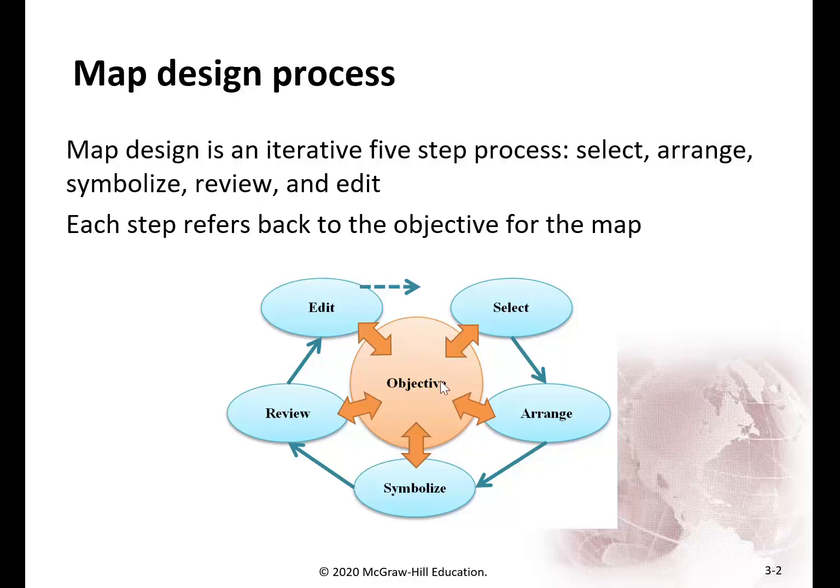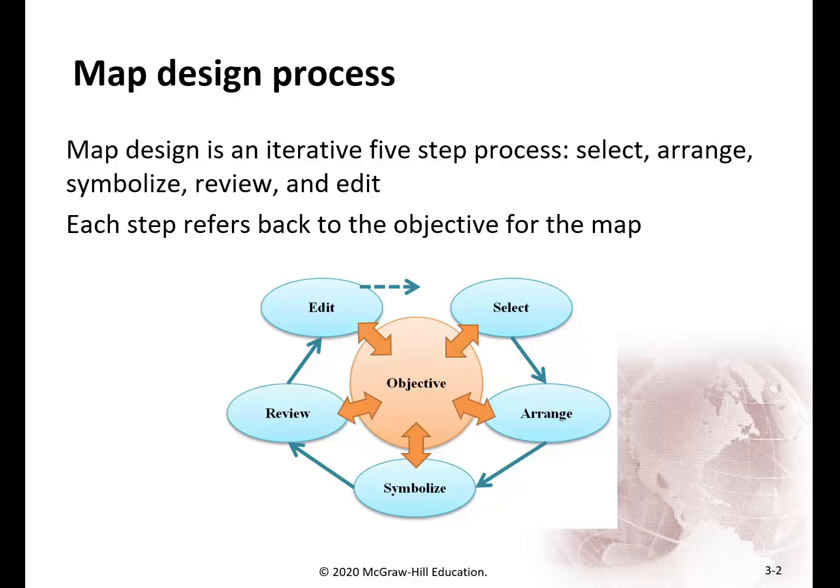You're constantly going back potentially, once you're reviewing the data, you realize you're missing some more data or realize you need to symbolize the data differently because something is going to have an issue as far as how it's been symbolized on the map, and it may be a little bit confusing. So ultimately, by the time you've completed a map and have an effective map design, you're going to be going back and forth through these processes a few times before you're done.